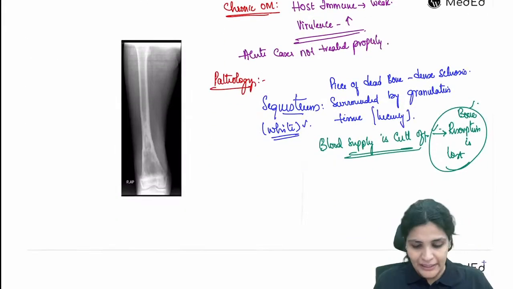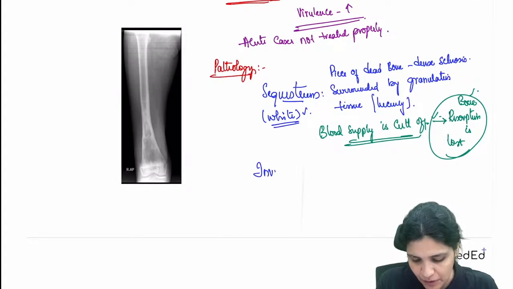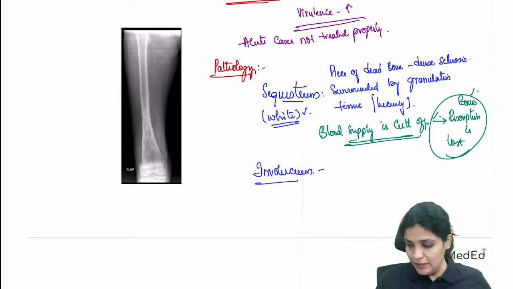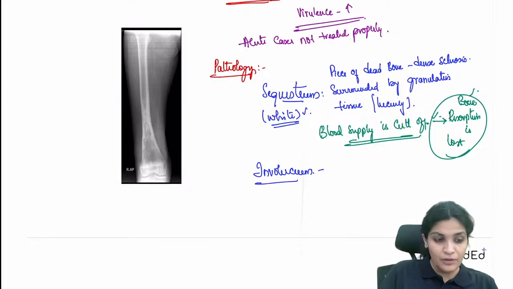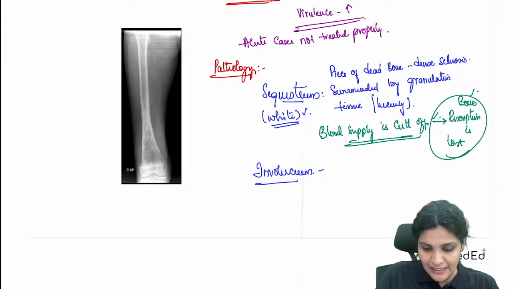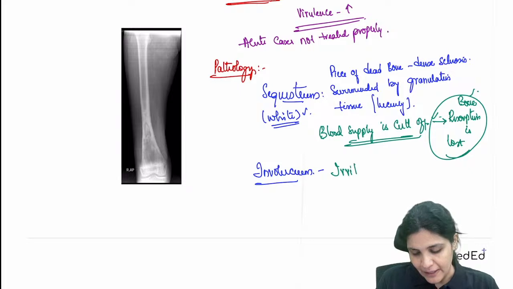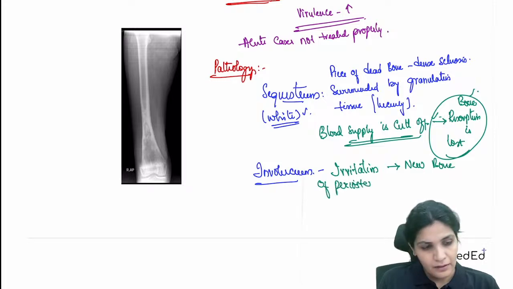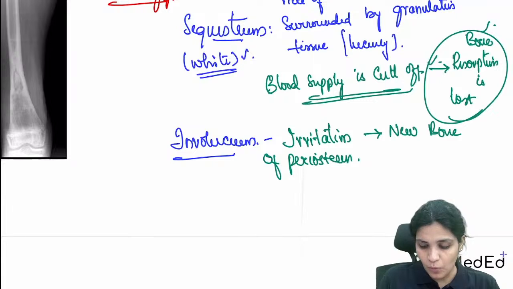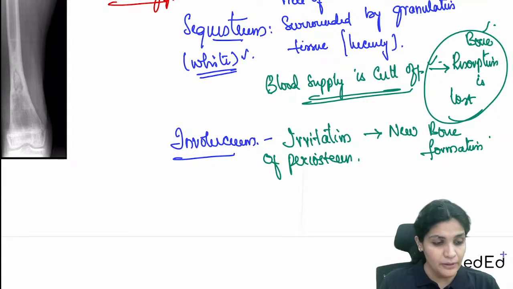And now we will deal with involucrum. So what is involucrum? We already know that the periosteum is irritated. Whenever there is an irritation of the periosteum, it results in new bone formation, and this new bone is called the involucrum.